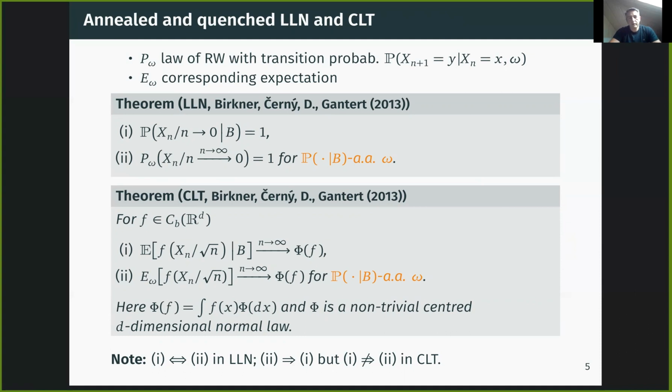Here it is not the case that they are equivalent, so assertion 2 is stronger than 1. And this was proven for all spatial dimensions larger than 1. So we have a spatial dimension D, and the time dimension is 1.